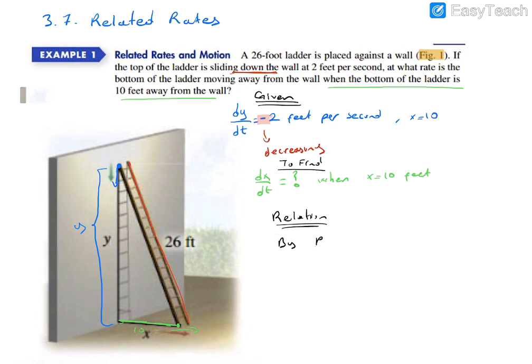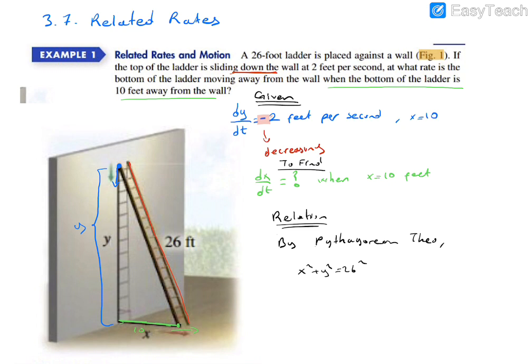By Pythagoras theorem, we can say that x squared plus y squared equals 26 squared. It's always correct, okay? Because the length of the ladder is constant. Maybe x and y can change, that's okay, but this relation is always correct.